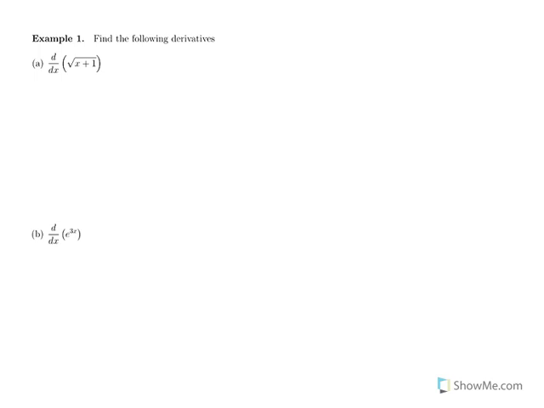So square root of x plus 1, first step I need to do is identify the inside and outside functions. Here, the inside function is going to be x plus 1, and it is inside of the function square root of something. Or you can write that as square root of u, where u is equal to x plus 1.